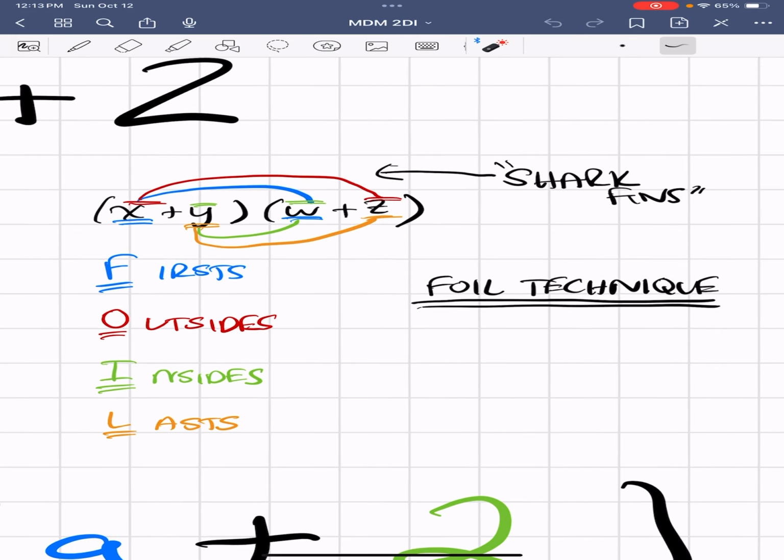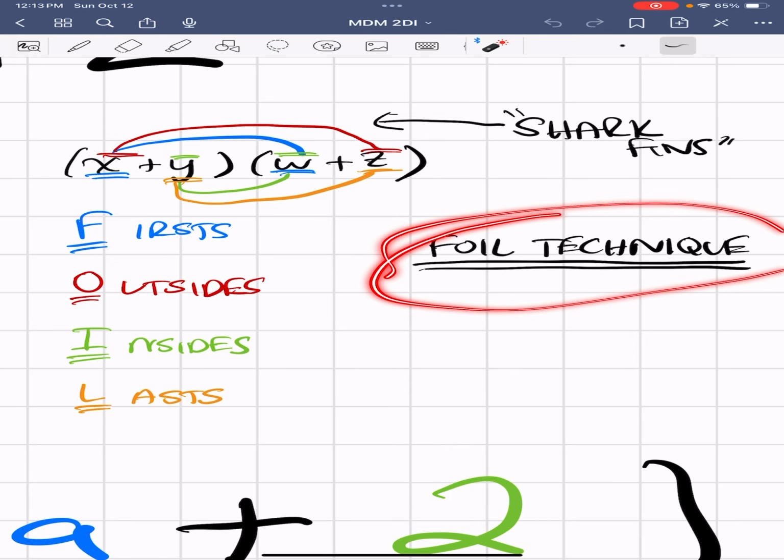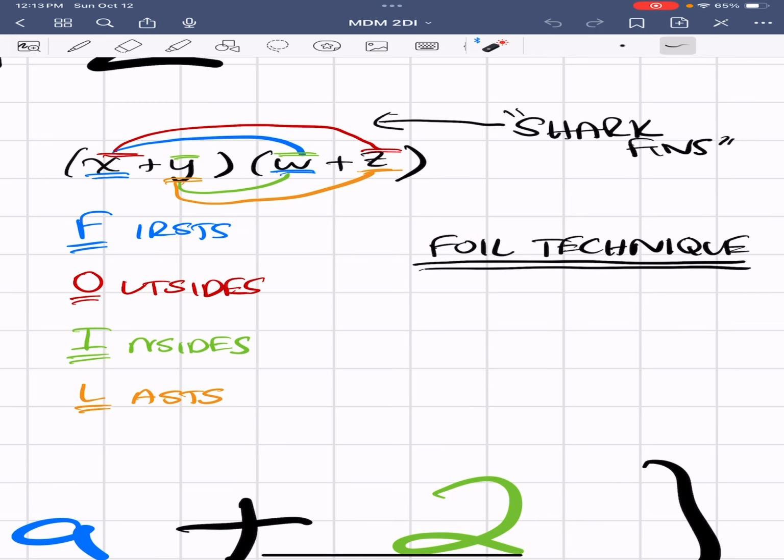I'll zoom in here. We have our FOIL technique for when we're expanding out our factored expressions. It looks sort of like shark fins, but it's called the FOIL technique.